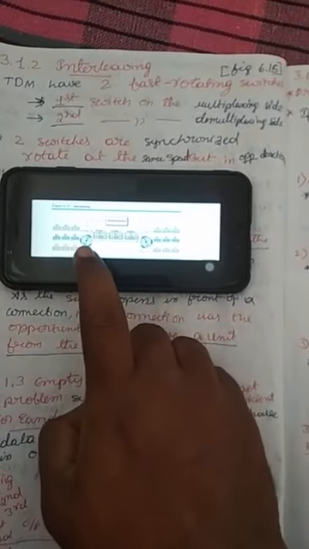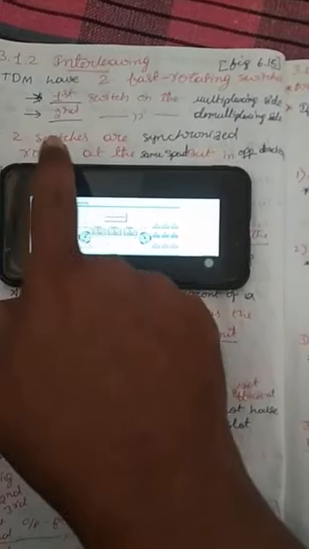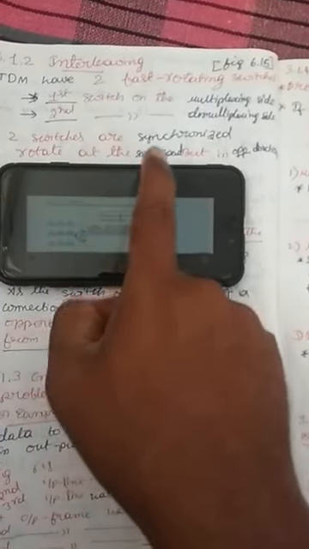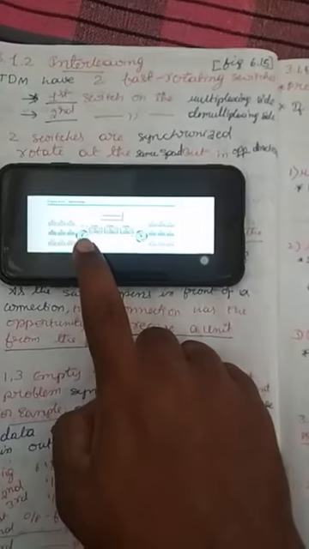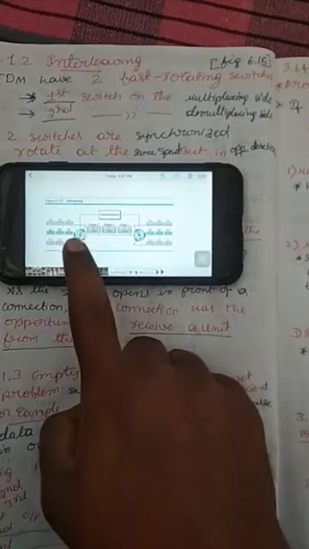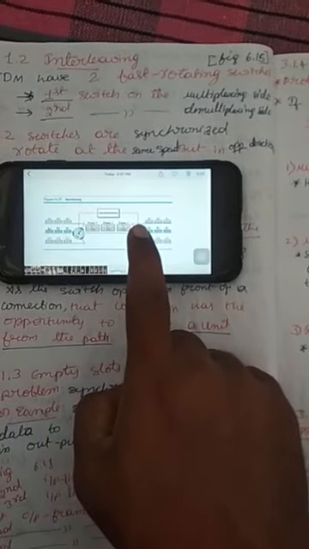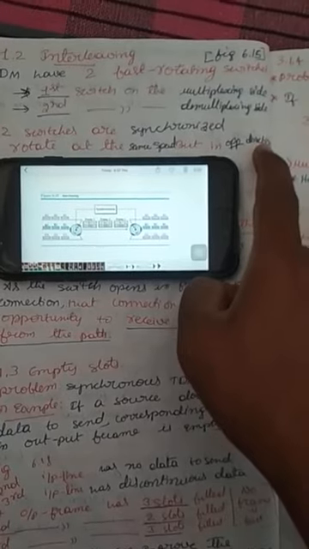Here you can see that the two switches are synchronized and rotate at the same speed. It means these two switches will be rotating at the same time with the same speed but in opposite directions.